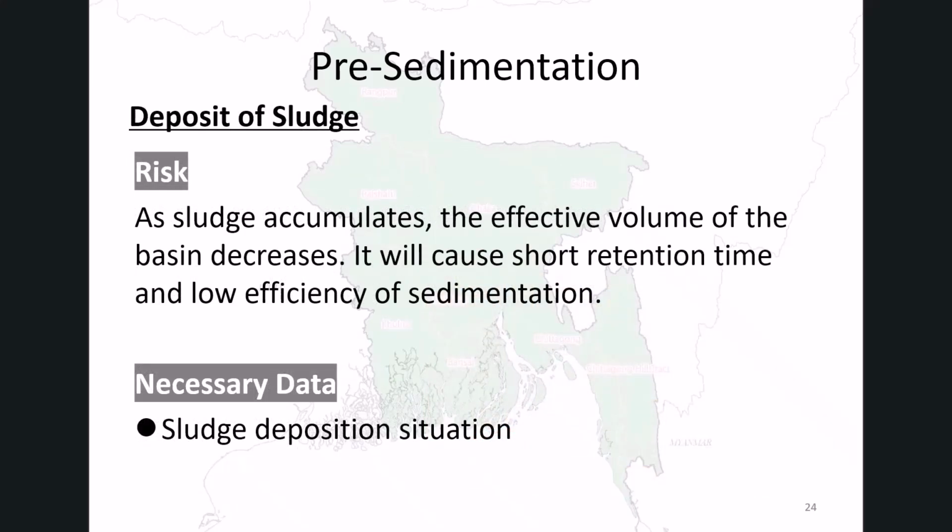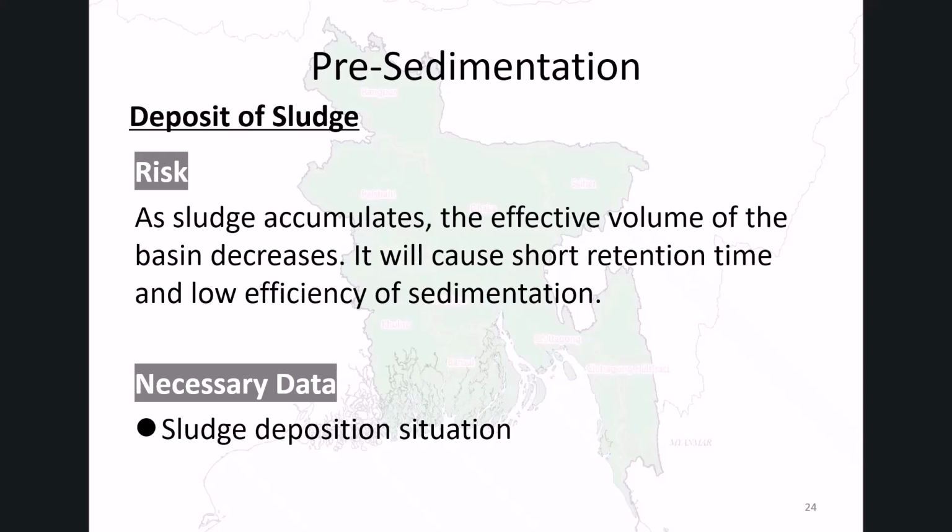From here, we focus on the deposit of the sludge. Sludge accumulation in the sedimentation pond directly affects its performance. As sludge builds up, the effective volume of the pond decreases. This shortens the retention time and reduces the efficiency of sedimentation.